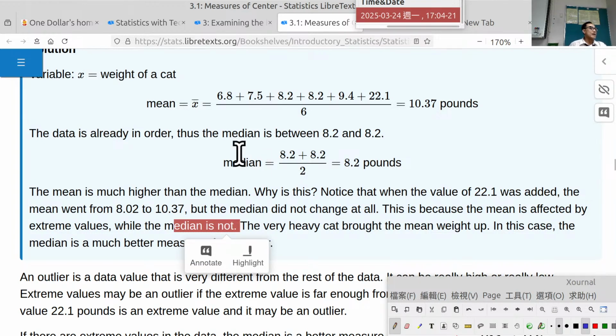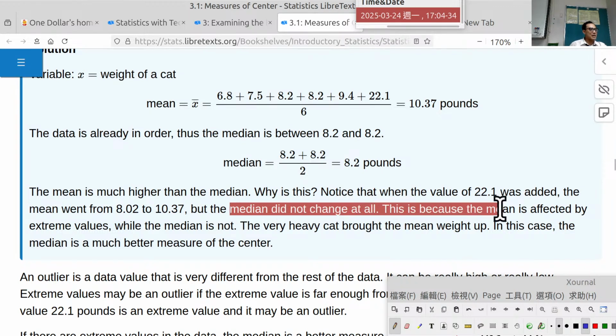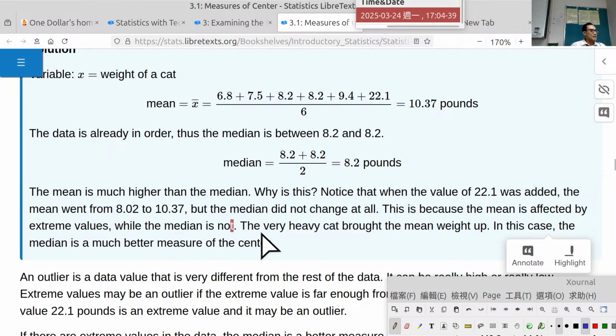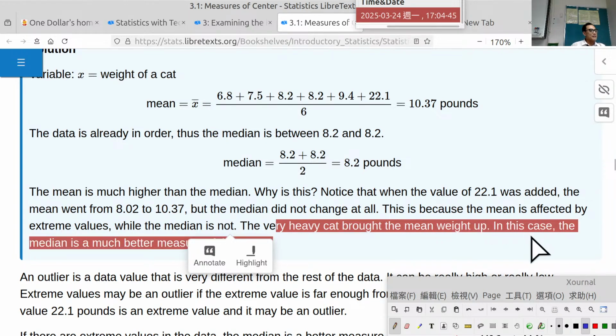In sorted data, the value of the middle point is the median. With a very heavy cake, the mean went up. In this case, the median is a much better measure of the center.